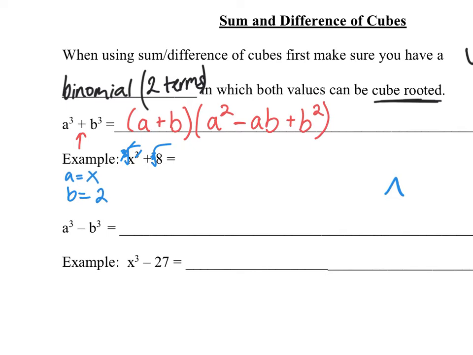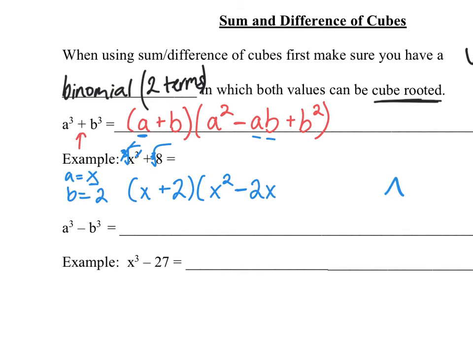So now I have a and I have b, and now I'm just plugging them into that formula. Everywhere there is an a, I'm going to put x. And everywhere there's a b, I'm going to put 2. For this middle term, it's a times b. So what is x times 2?